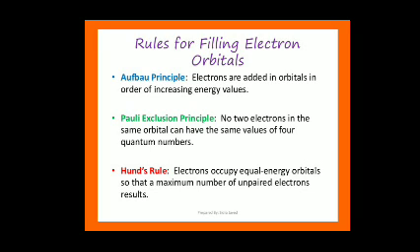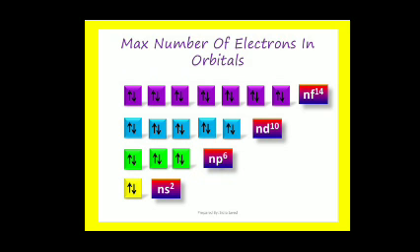These three rules explain the filling of electrons in orbitals.